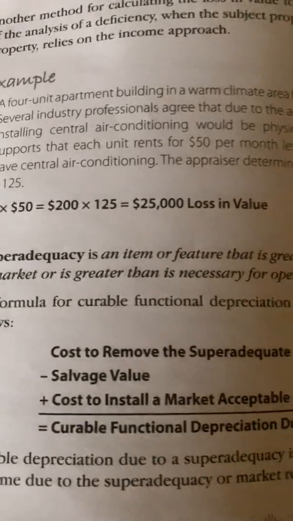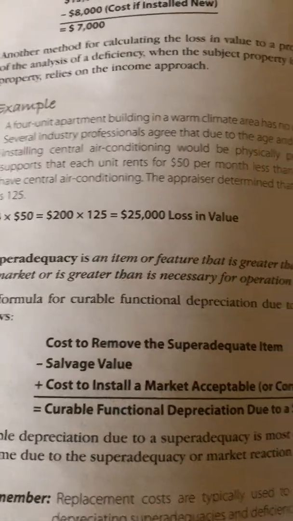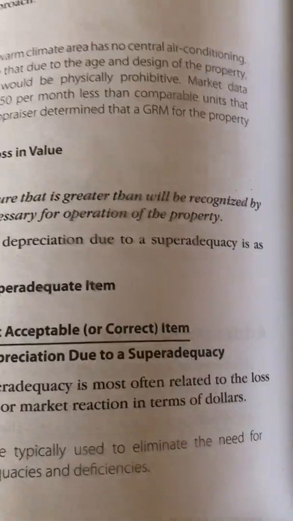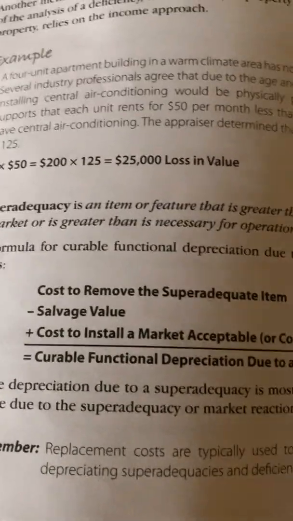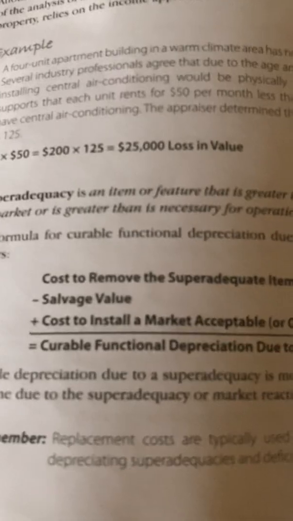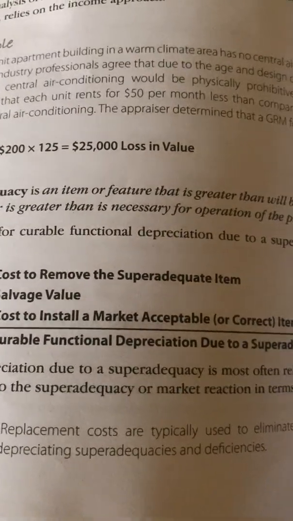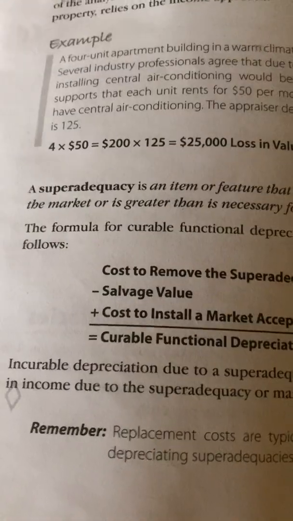A super adequacy is an item or feature that is greater than will be recognized by the market or is greater than is necessary for operation of the property. The formula for curable functional depreciation due to a super adequacy is as follows: cost to remove the super adequate item minus salvage value plus cost to install a market acceptable or correct item equals functional depreciation due to a super adequacy.